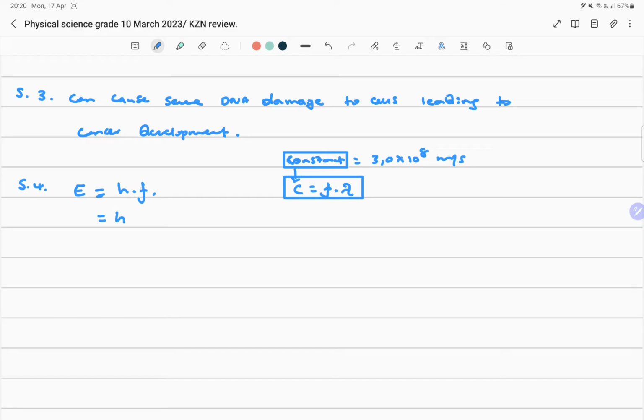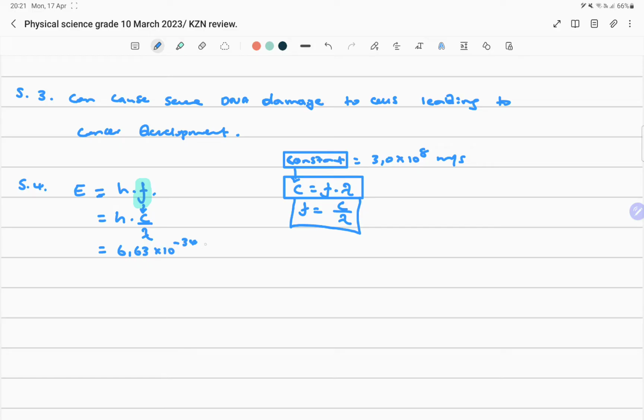Frequency is going to be c over lambda. That is frequency right there. So frequency is being replaced by that expression from the general wave equation, but in terms of light this time around. Planck's constant is 6,63 times 10 to the minus 34.